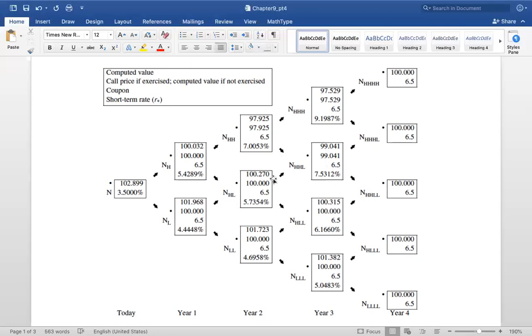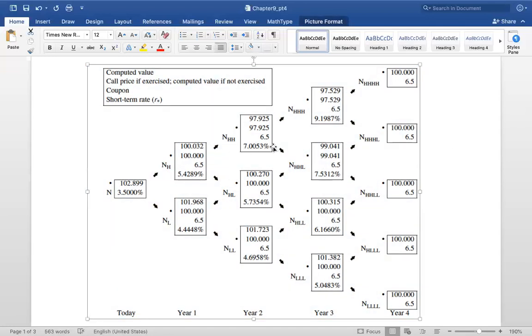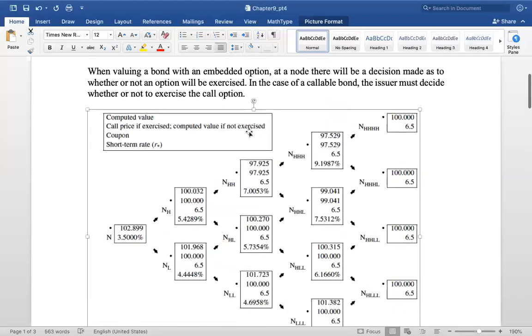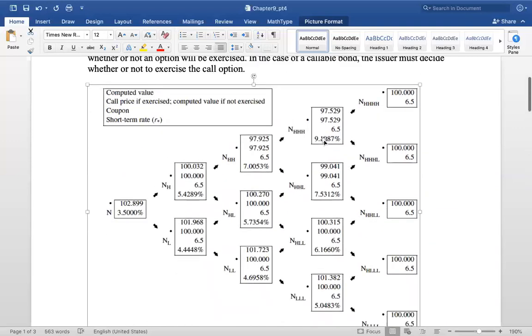The bond cannot be called here because the price here is below the call price, which is 100.